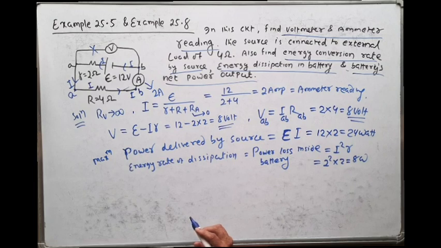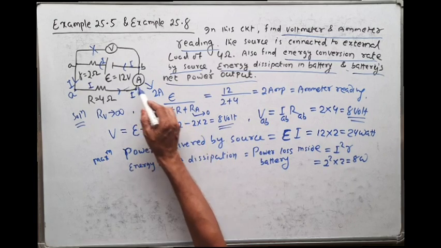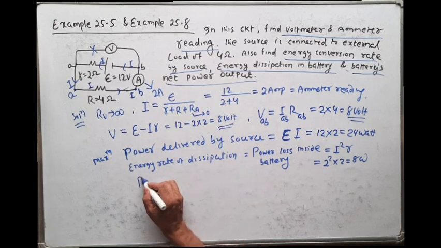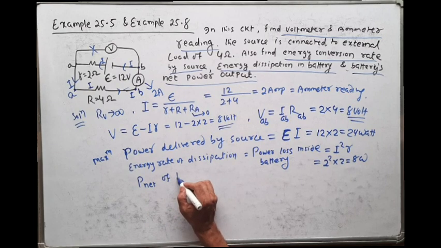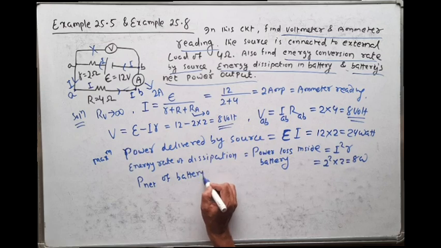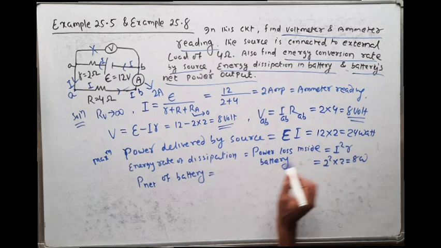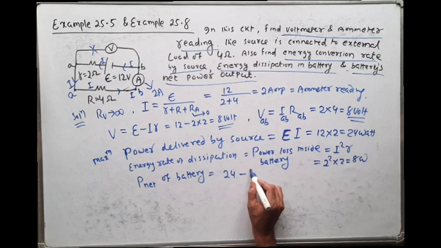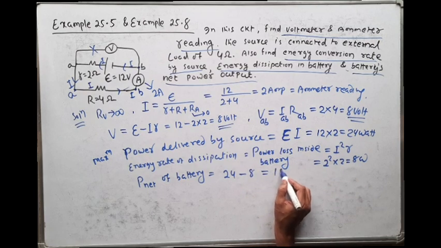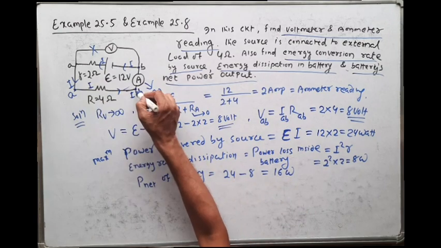Okay. So now what is the battery's output, the net output power of the battery? The net power output of the battery is equal to the maximum power given by the battery, 24 watt. Out of that there is some loss, that is 8 watt. So that is equal to 16 watt, the available power for this load.